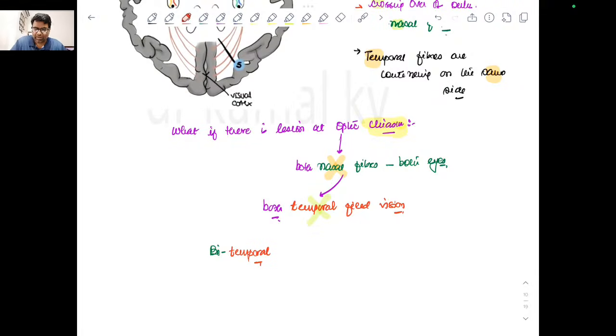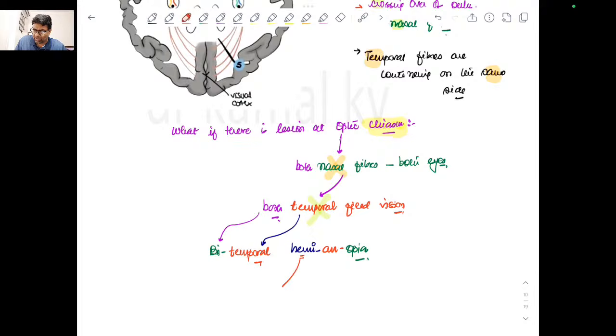Both side temporal gone, right? So bi means both, temporal is temporal field, then anopia is like no vision, and half of the visual field, so hemi and opia.